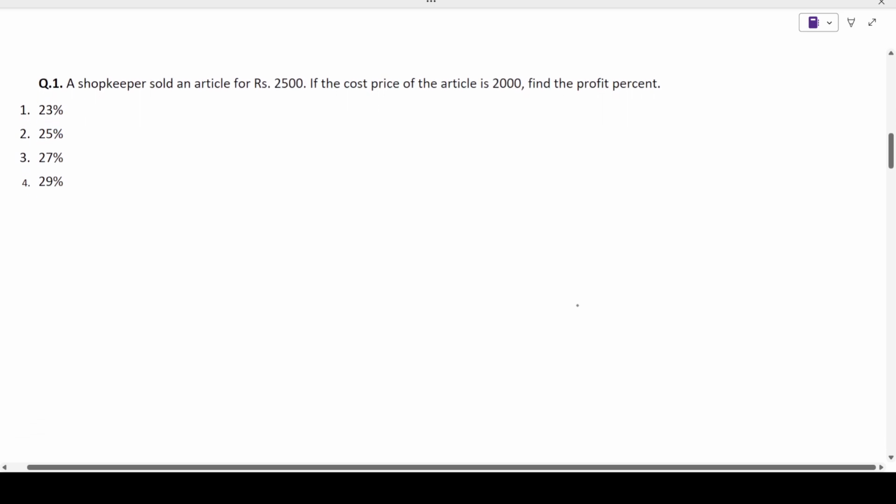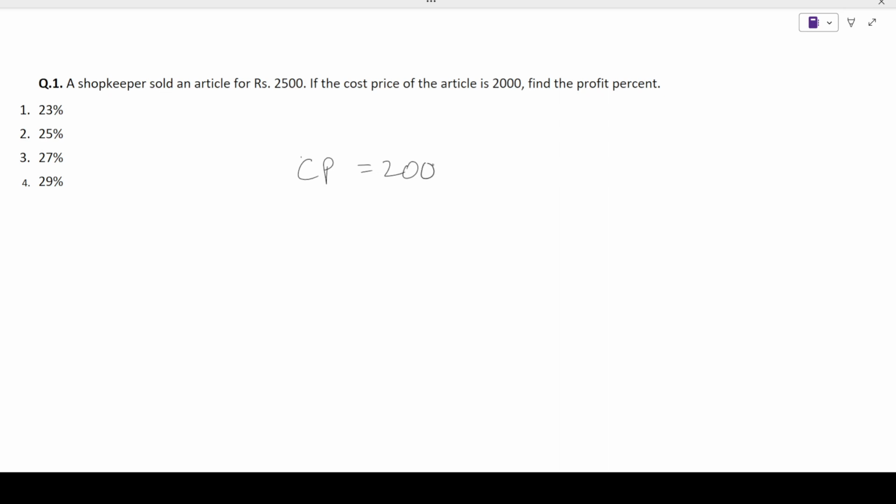Question number 1: a shopkeeper sold an article for rupees 2500. If the cost price of the article is 2000, then find the profit percent. We are given cost price, which is 2000, selling price 2500.